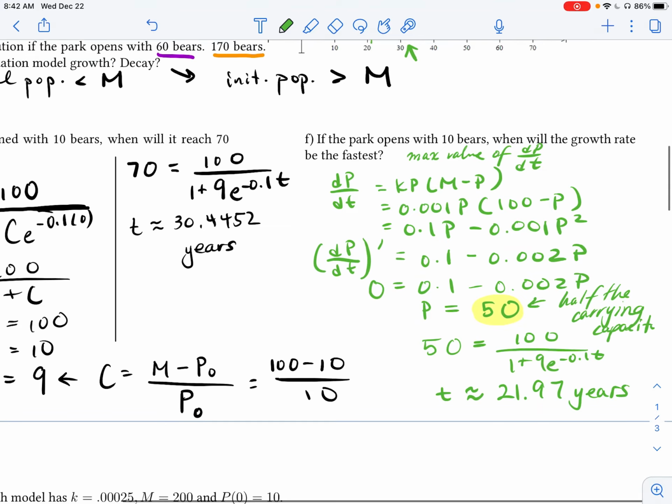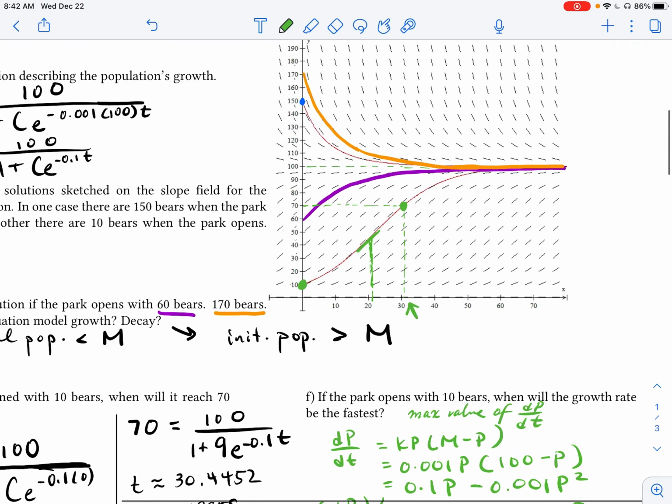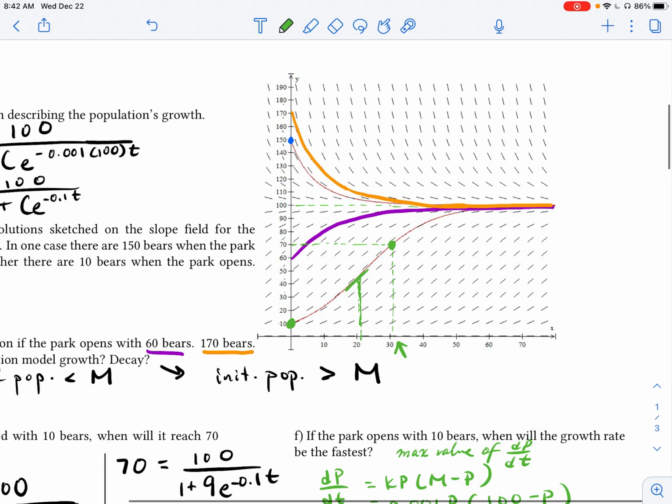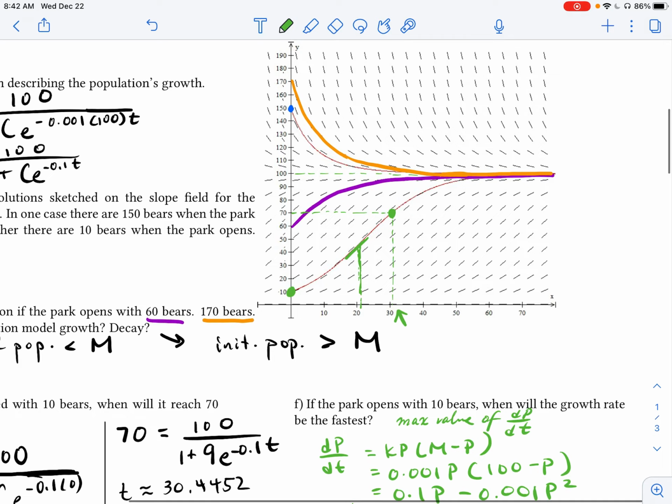Well, what about when your initial population is greater than your carrying capacity? When is the growth rate going to be fastest then? Well, at this point, it's no longer really a logistic growth curve. It's going to be more like dropping exponentially. So we wouldn't be able to calculate that question that way.